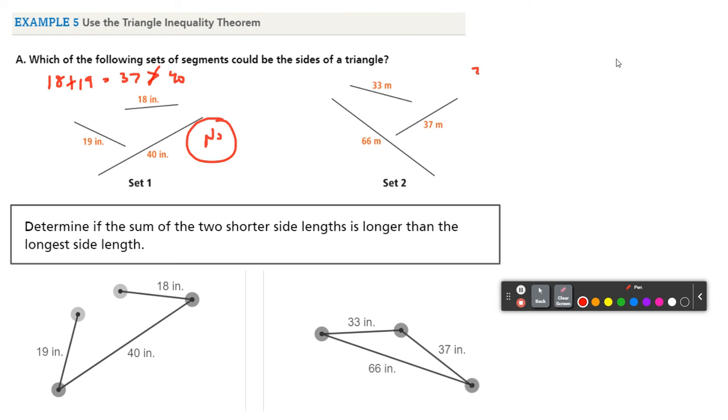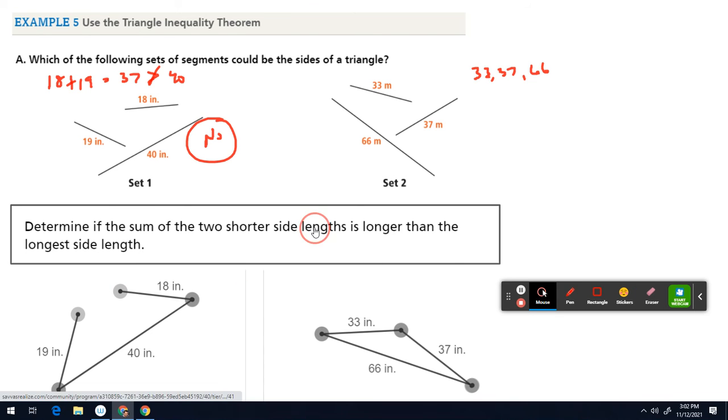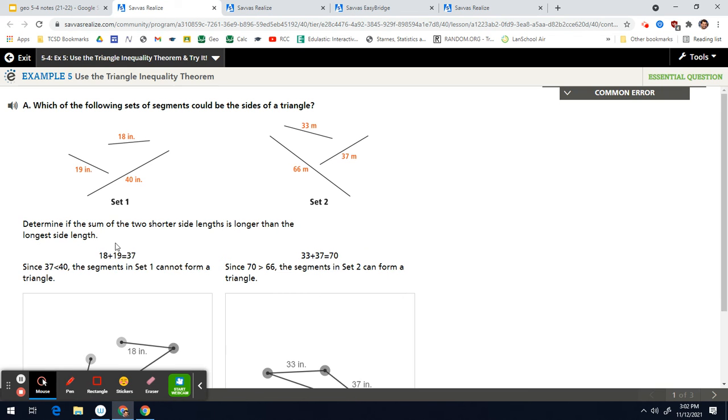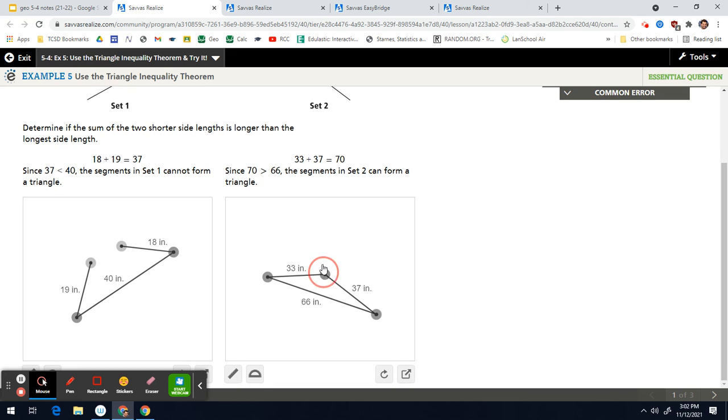All right, the second one we have is 33, 37, and 66. So now let's go to Desmos and take a look. Over here, we're in business, because the 33 and 37 could be apart, but if you bring it down, they will eventually connect somewhere and create the triangle.